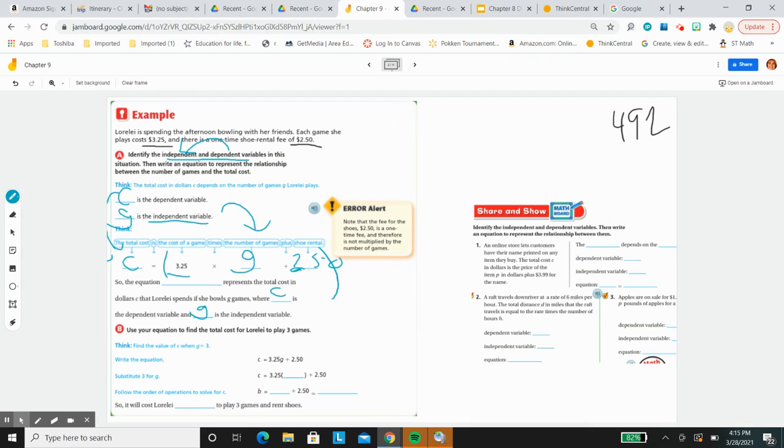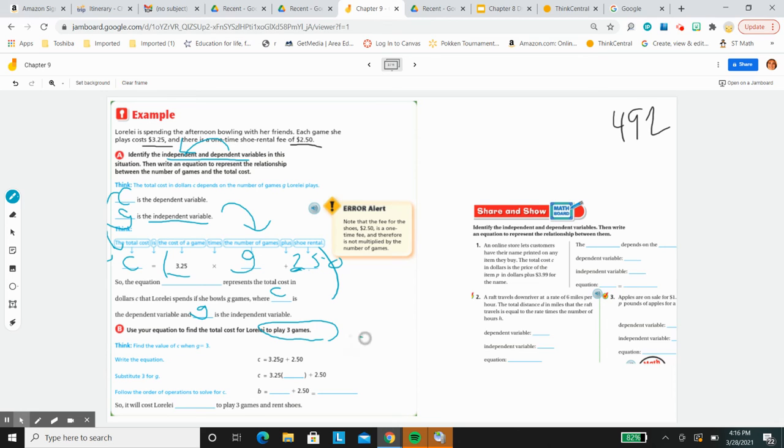Now, what happens if I give you a value for the independent variable? What if Lorelai played 3 games?